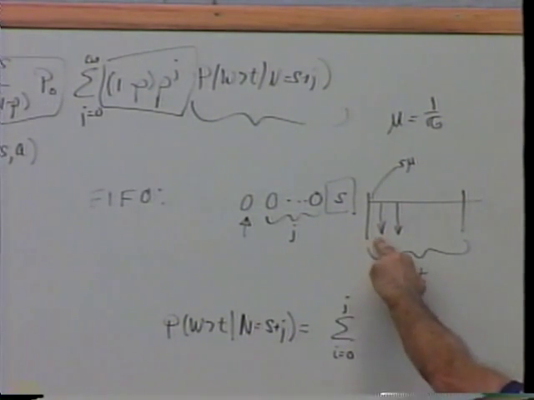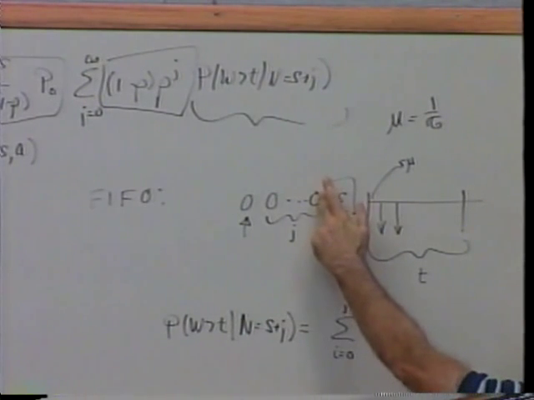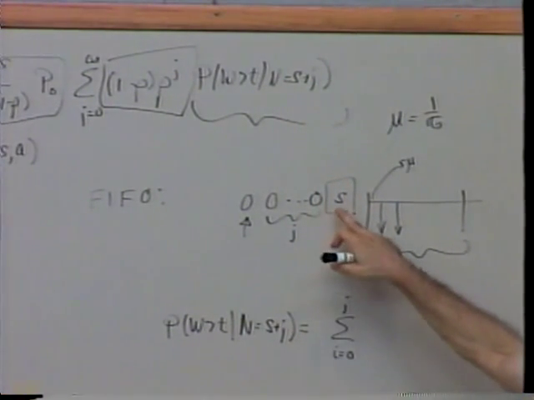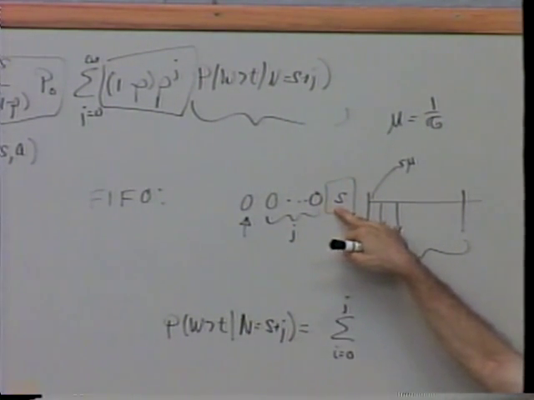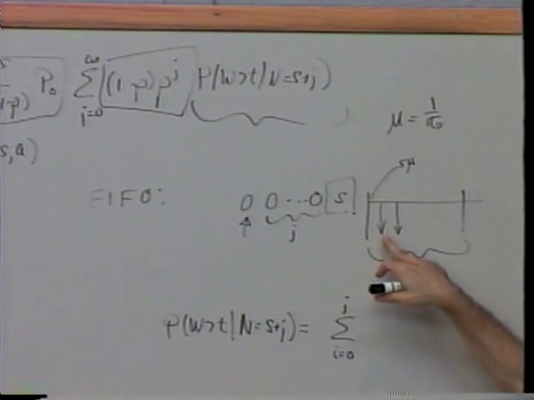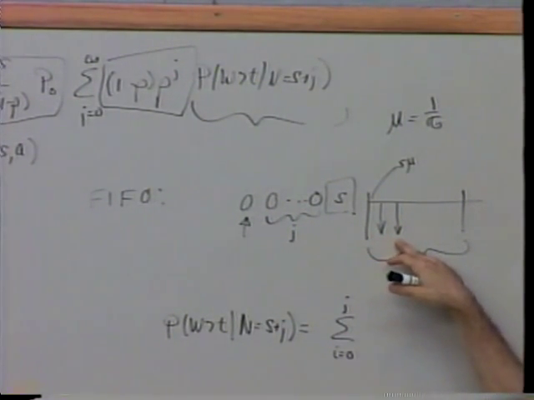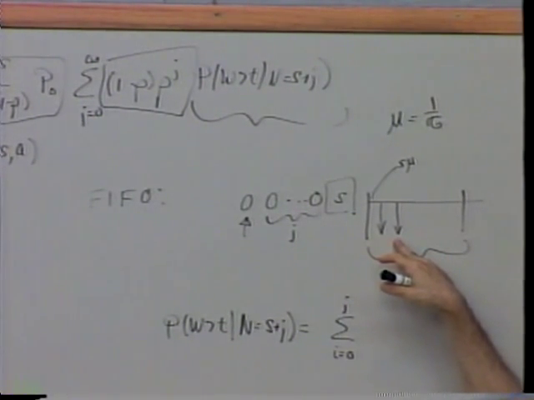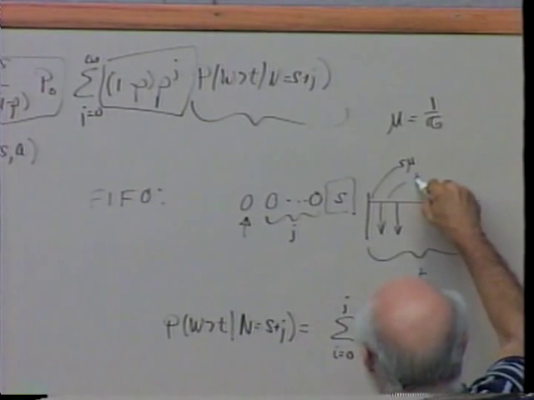Well, the first service completion occurs, and this guy moves into service. His service starts from the beginning, everybody else's continues, but by the Markov property, those are all the same, and independent of the past. So therefore, the time from this service completion until the next service completion is also exponentially distributed, independent of the previous one, and with the same parameter S mu.